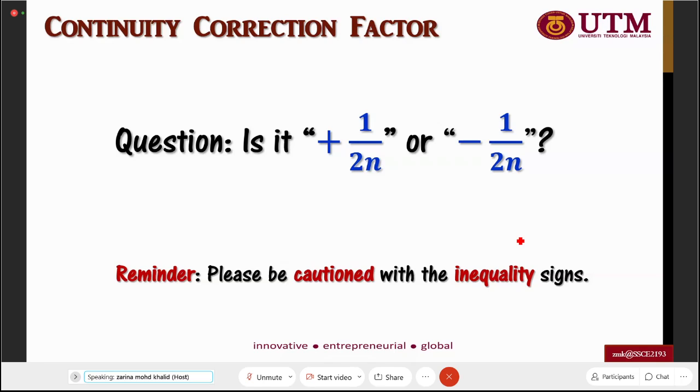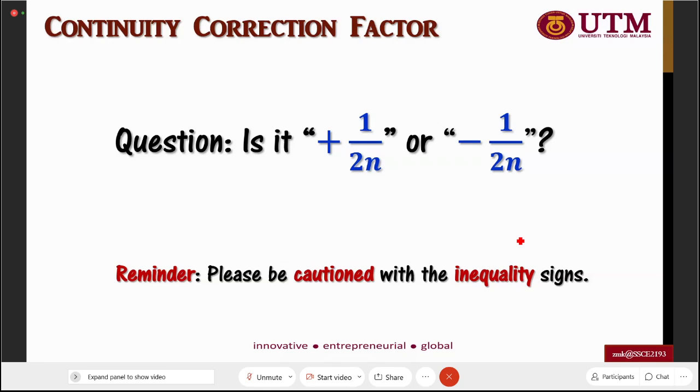But for proportion, yes, you have to be very careful. It's like dealing with the discrete case. When you talk about less than or equal to, what do you mean by not more than, at least, at most, between, and, from, to? You have to be very careful what you mean by that expression, because it will influence whether you have to plus or minus 1 over 2n.